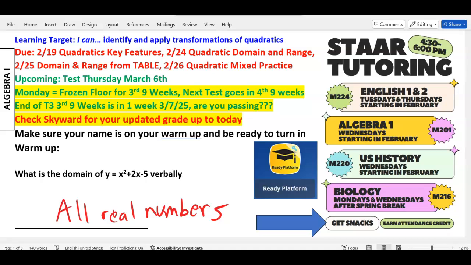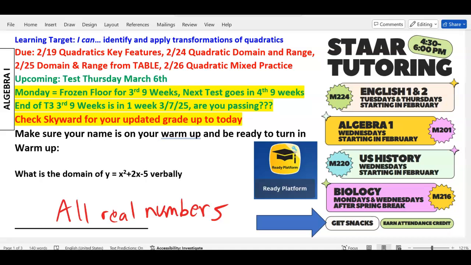We are doing quadratic transformation. Now, at the top there, the very first blank, the most simple quadratic function is, you can write y equals x squared.